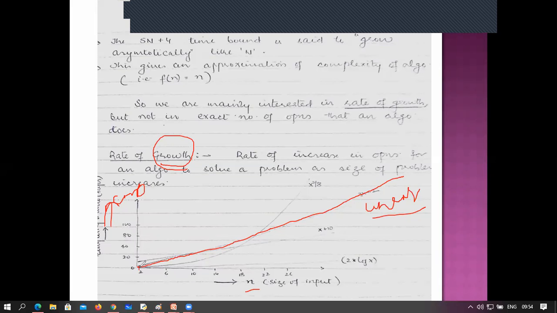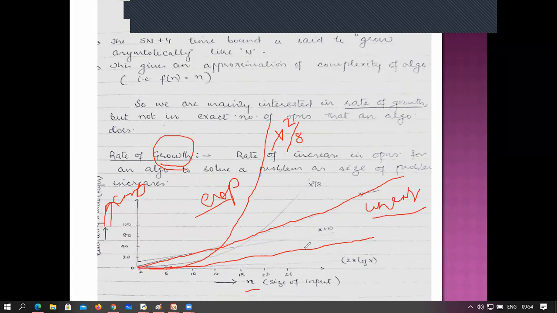But suppose whenever you're drawing a graph and it is coming out to be like this, suppose your complexity is something like x squared by 8, it will be something like this. So you will say it is exponential, or the complexity is increasing in an exponential manner. So that is the rate of growth. And if the complexity is coming out to be like this, you will say that it is logarithmic.